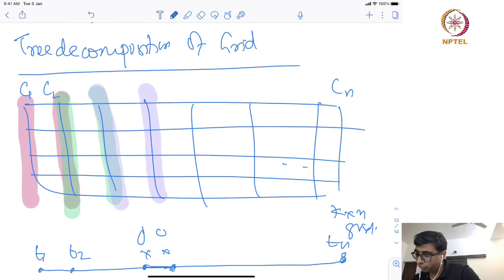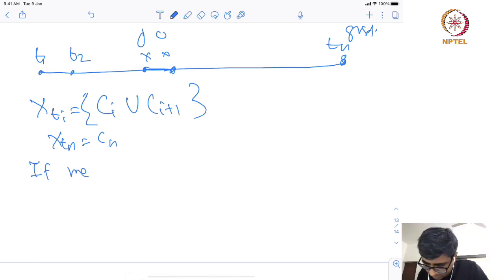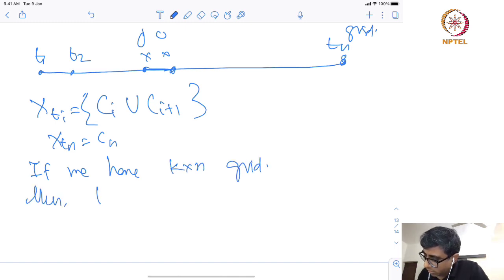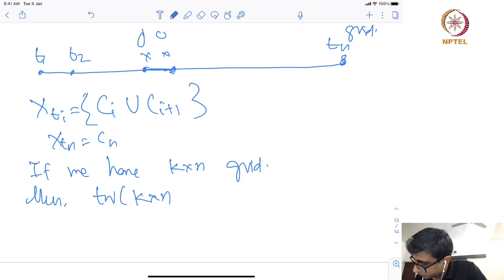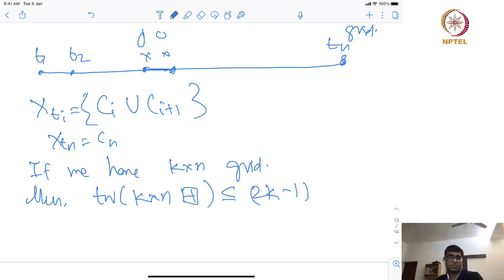So, what are we able to show? We are able to show that if we have a k times n grid, then the treewidth of the k times n grid is at most 2k minus 1, because 2k is the bag size. So, this we are able to show.